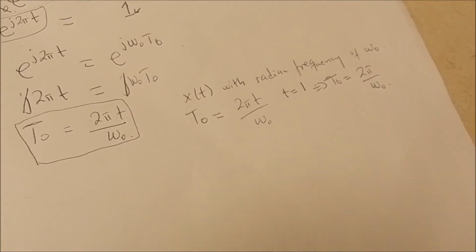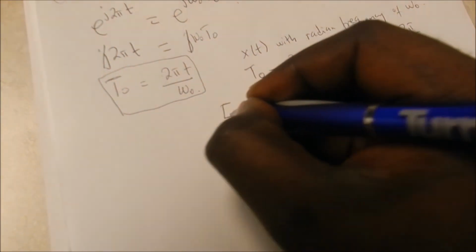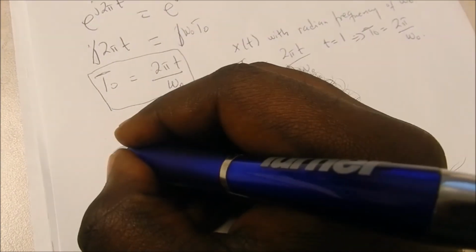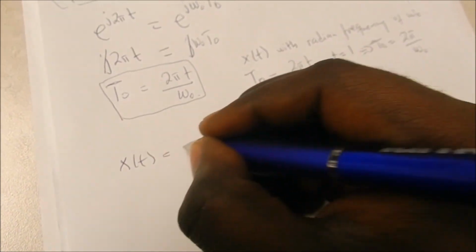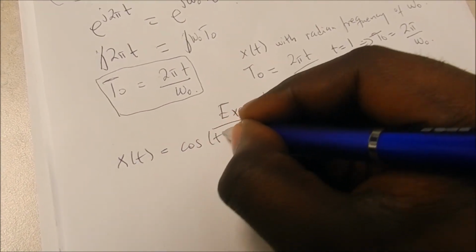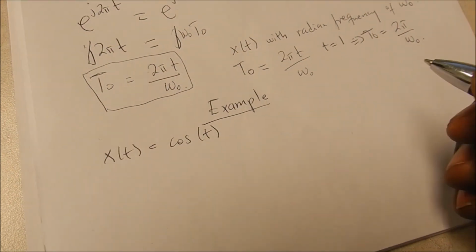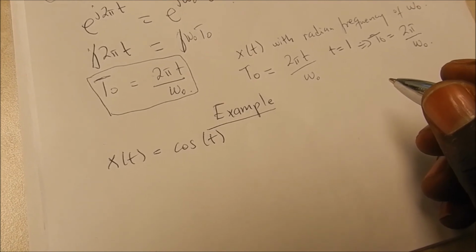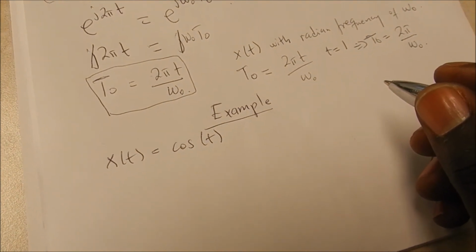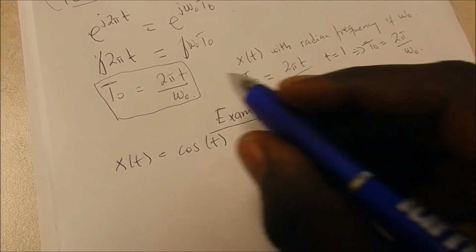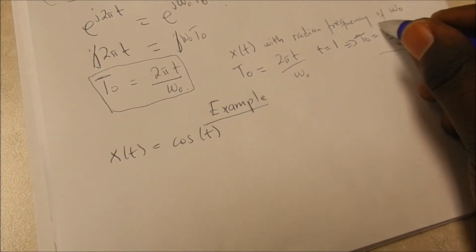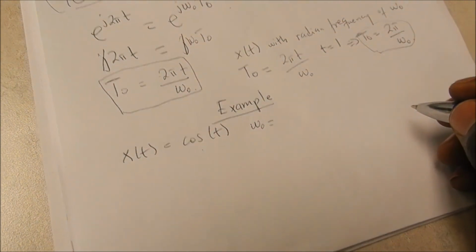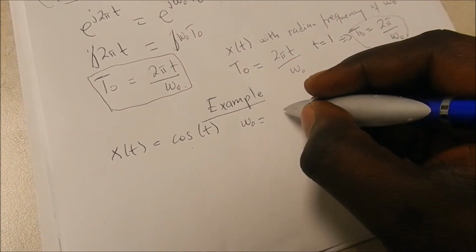Just for an example, let's say you're given a signal x of t equal to cosine of t, and you're told that x of t is a periodic signal and you're asked to find the fundamental period of x of t. From this signal, you can tell what omega naught is, the radian frequency. It is equal to 1.